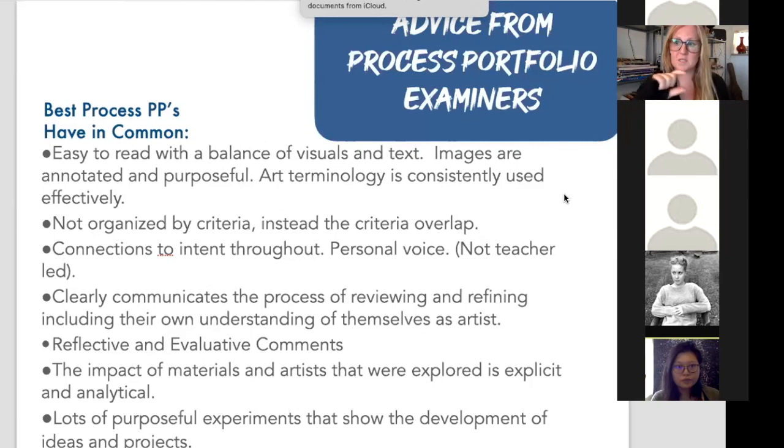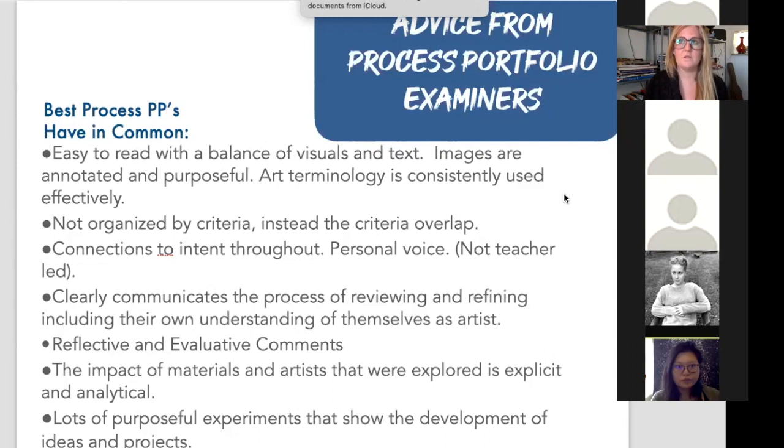I ask my students to label all their images, and I find that very useful because it gets out a lot of extraneous information. So it could be like photo of my sketchbook, experimentation with texture using paint. So that takes out like 4 sentences of space. You don't have to explain what you're doing. It's in the label. And then you can use the written part underneath to reflectively evaluate how it's working for you.